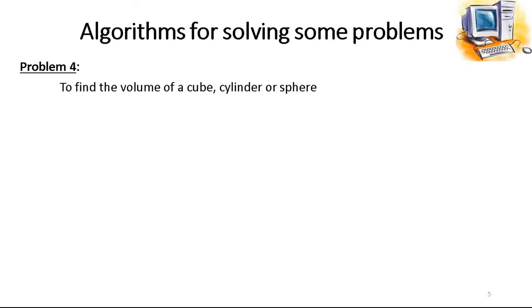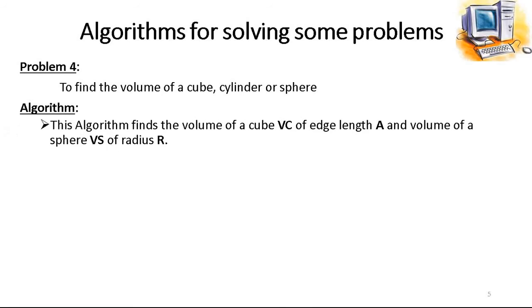Problem number 4 says to find the volume of a cube, cylinder or sphere. So here two things are required, that is volume of a cube and volume of a sphere or cylinder. This algorithm finds the volume of a cube, that is VC.